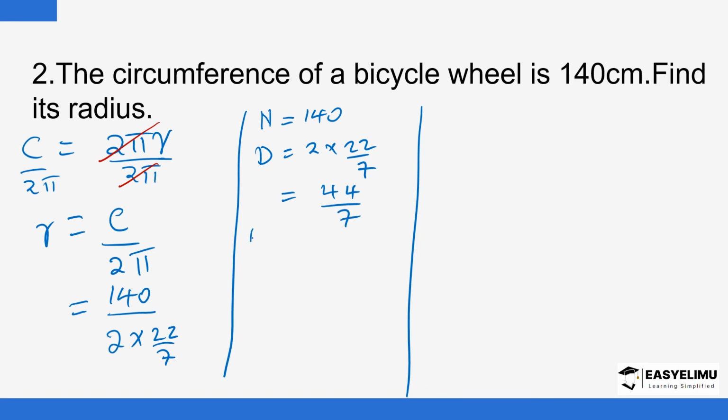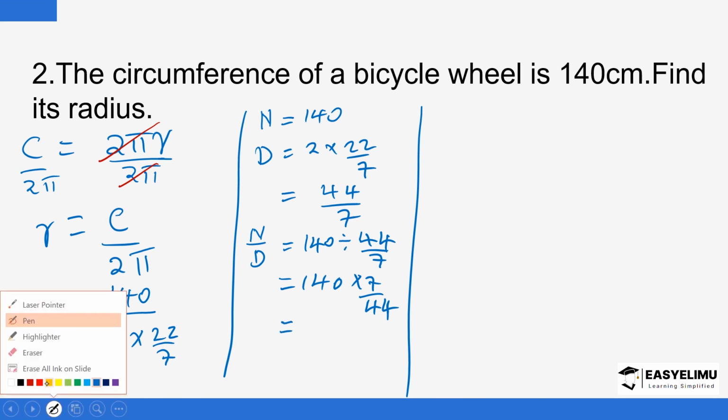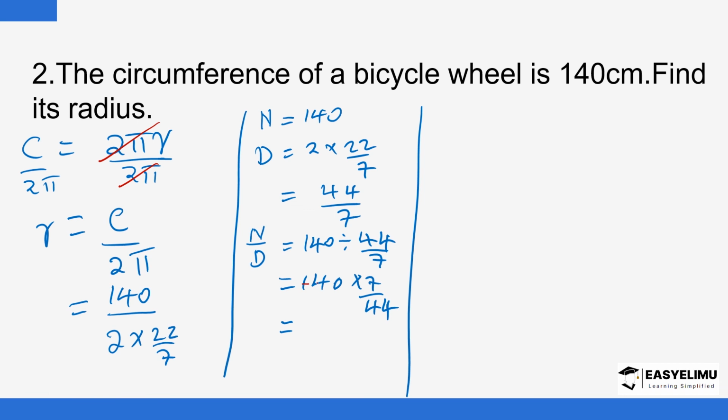If you divide the two, this will be 140 divided by 44 over 7. So this is 140 times 7 over 44. How do you simplify this? Maybe 2 goes here 70 times, 2 goes here 22.